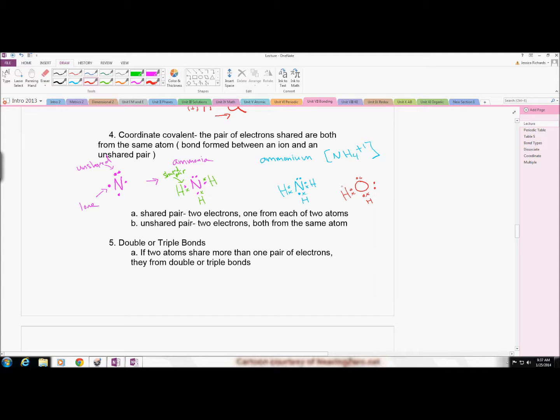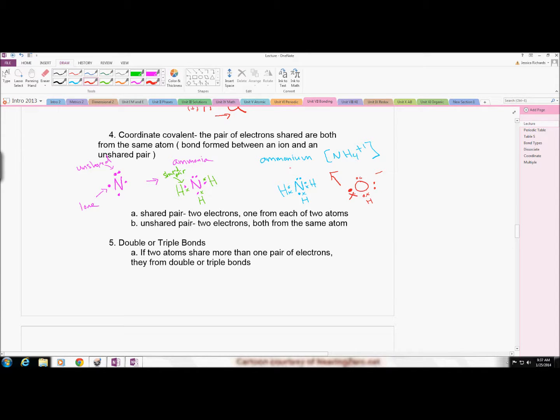The hydrogen gets ripped off of the water, leaving behind its electron, which now makes this a negative hydroxide ion.